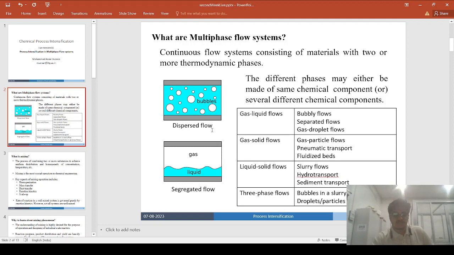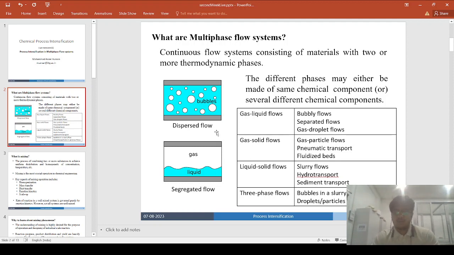Obviously the liquid will have a higher density than the gaseous phase, so if gravitational force dominates in such flow cases, the heavier, higher density fluid will settle down and separate itself from the lighter, less dense fluid flowing on top. This is called stratification of flow, and this is the cause behind the segregated flow system.